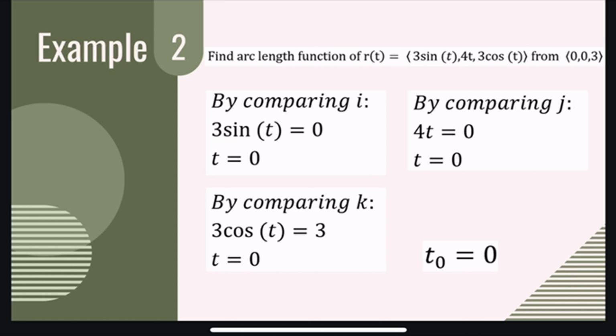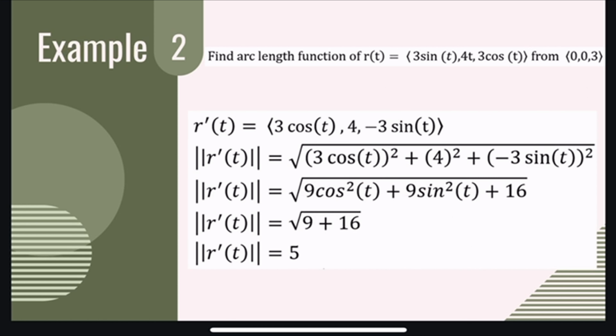By comparing j, 4t equals 0, and we get t equals 0. And lastly, by comparing k, 3 cos t equals 3, and we get t equals 0. So it is proven that the t for each term is the same, so we can conclude that t0 equals 0.